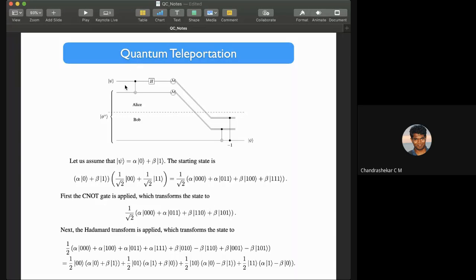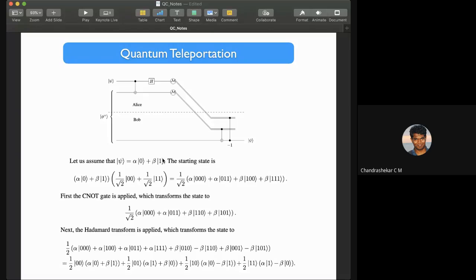You have a state psi with Alice, and somehow Alice has to send state psi, or the information of state psi, to Bob without sending a real quantum qubit from her side. She should not send a quantum qubit, but Bob should still be able to reconstruct the quantum qubit, or the information of the quantum qubit, on his side. So that's the whole idea of quantum teleportation.